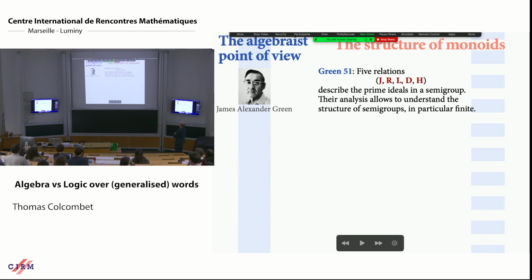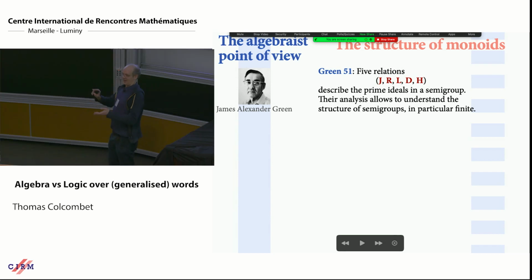So in 1951, Green studied the ideal structure of monoids. It looks like ideals, but there are subtleties because your product operation is not commutative in general. So you have left ideals, right ideals, and the L and R relations are related to that. You may have ideals both left and right, and you have several things like that.